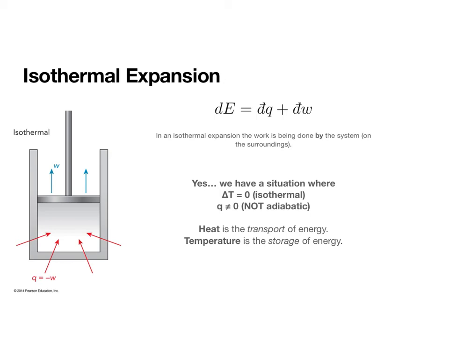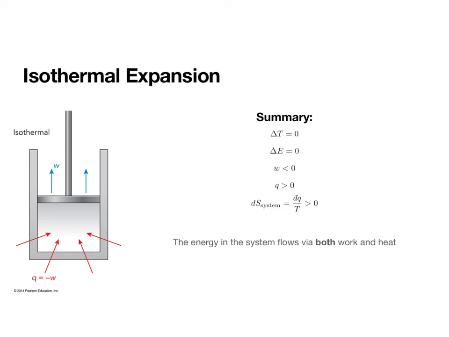And so we need to remember that heat is the transport of energy, and temperature is more or less the storage of energy. And so in this case, work and heat are involved. So, in summary, in an isothermal expansion, the change in temperature is 0. The change of energy is 0.